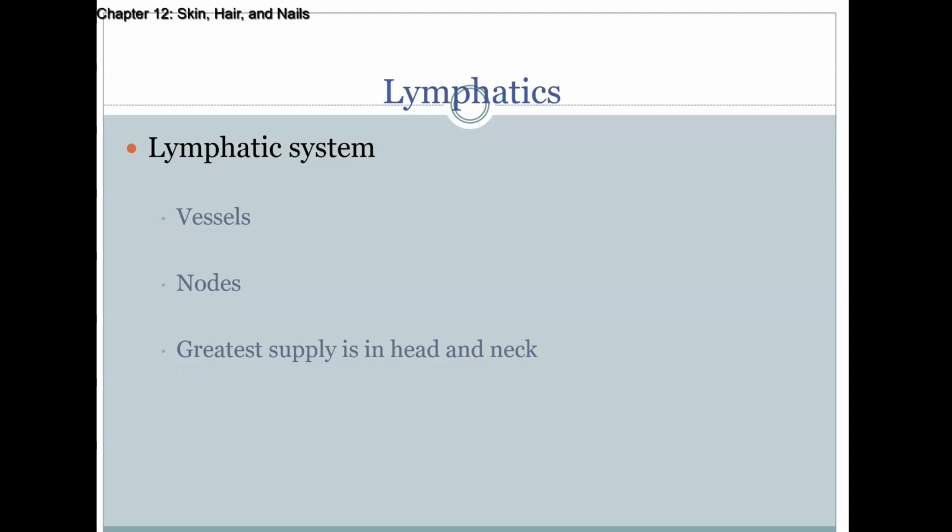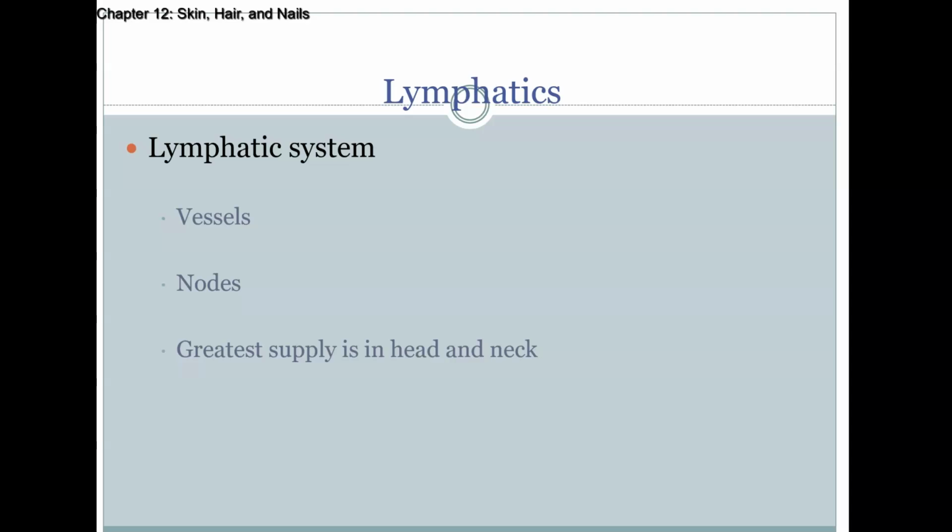And the reason why, you guys, the lymphatic system is so important, you'll hear people talk about it when they talk about somebody getting cancer, and they're wondering whether or not it has spread to the lymph nodes, because of the actual purpose of the lymph nodes: to fight off infection, to fight off invaders into your body.